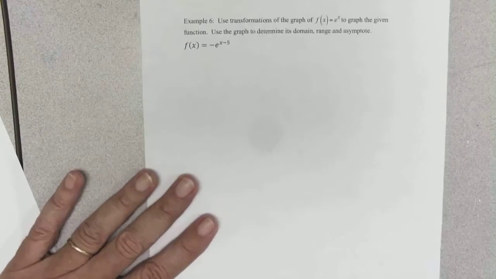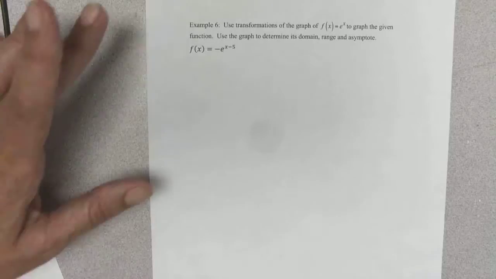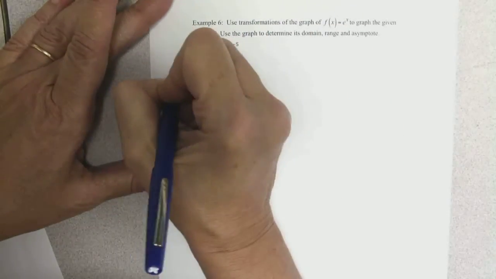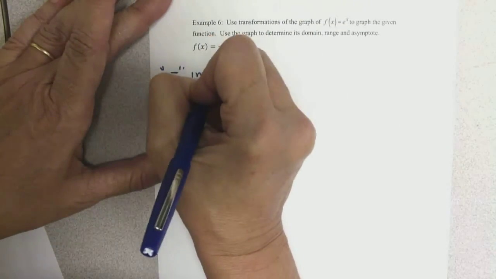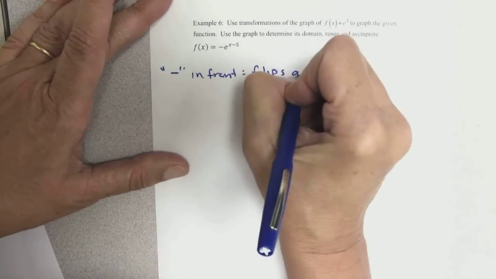Okay, one more time: use transformations of the graph e to the x. Use the graph to determine domain, range, and asymptote. So same idea. The minus in front flips it across the x-axis.